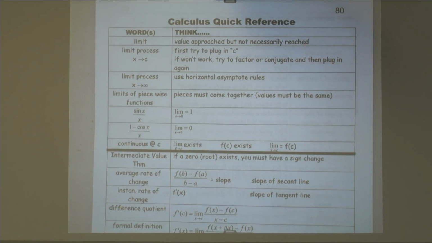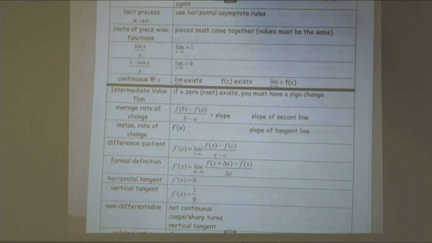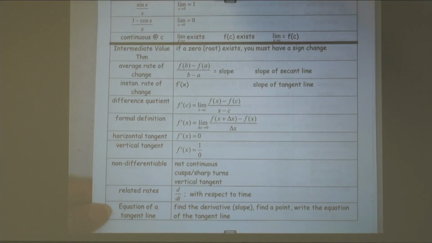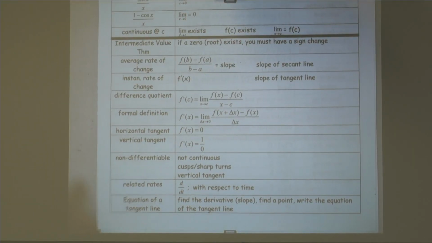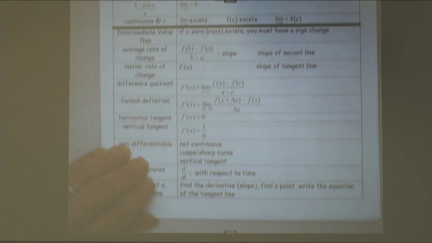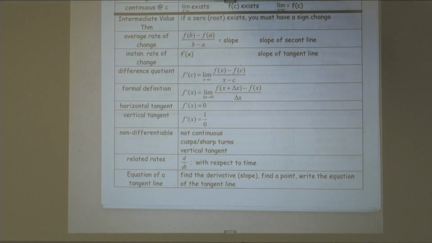So it basically breaks everything down: limits as x approaches c, as x approaches infinity, piecewise limits, whether our functions are continuous, intermediate value theorem, IVT, the corn growing in the meadow. You can't get from 3 to 10 without going through every number in between. Average rate of change, just slope, you know that.